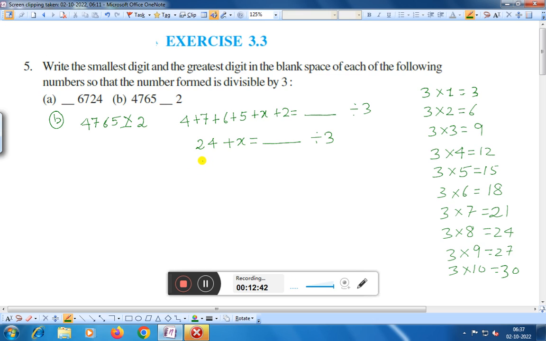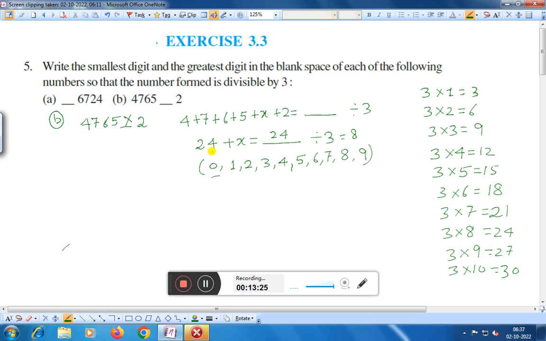The digits we can put in the place of x are 0 or 1 or 2 or 3 or 4 or 5 or 6, 7, 8 or 9. Now let us take the smallest digit, that is 0. If I put 0, 24 plus 0 is 24, and we know that 24 is divisible by 3, 3 eights are 24.